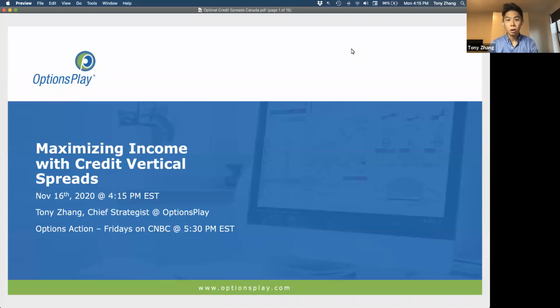And today we're here to talk about a more advanced topic, which is selling vertical credit spreads. This is a strategy that's very popular amongst more experienced and especially professional traders because it's one of the few strategies that really is what we consider a very forgiving strategy, meaning you could be correct on the directional view, you can have a neutral directional view, and you can actually get the directional view incorrect and still be profitable on this strategy.